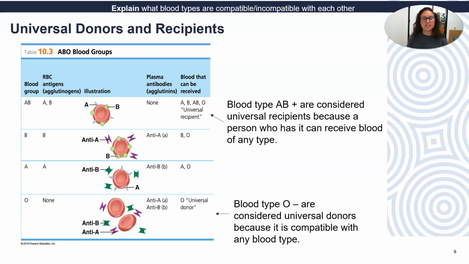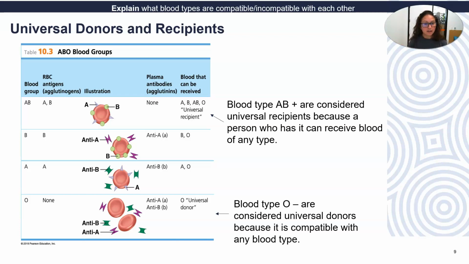Okay, so because we have cells with antigens and antibodies in our blood, we need to be very careful and match blood types when people are given blood products.